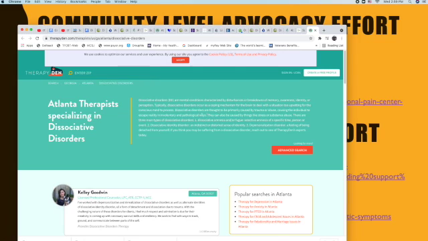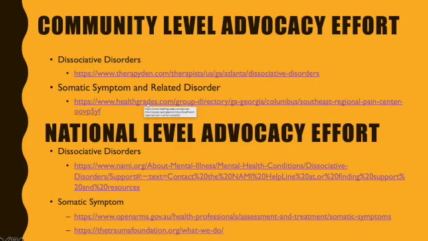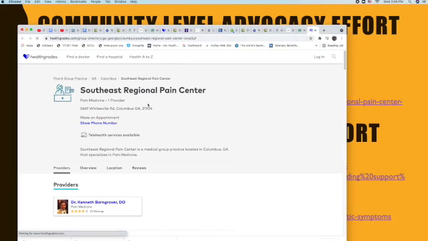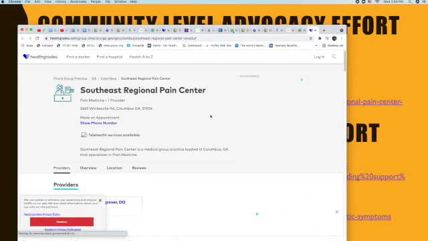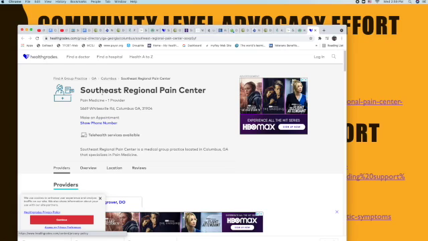Under here, you can see Atlanta therapists that specialize in dissociative disorders. And then when we go to somatic symptom disorder, there's actually a place off of Whittlesey Road in Columbus, Georgia, Southeast Regional Pain Center. They're one of the advocates here for somatic symptom disorder.